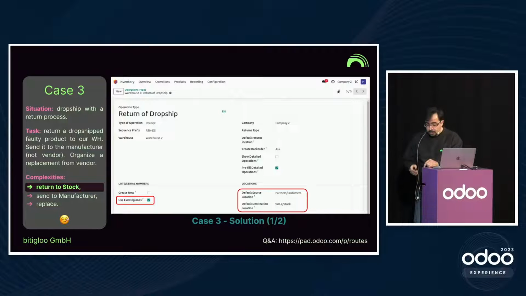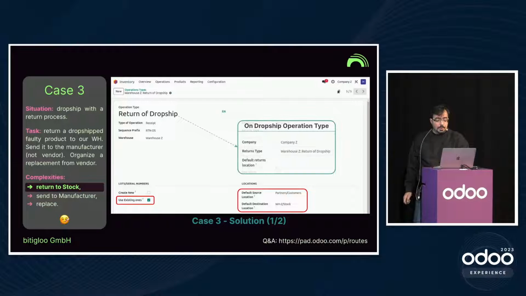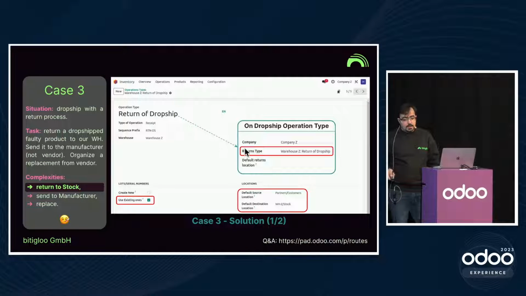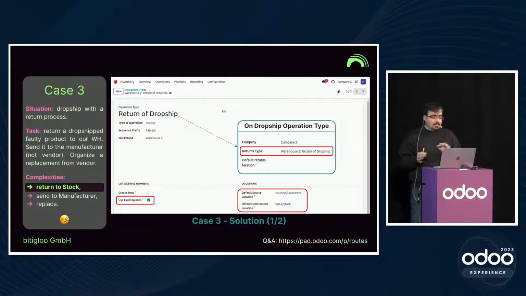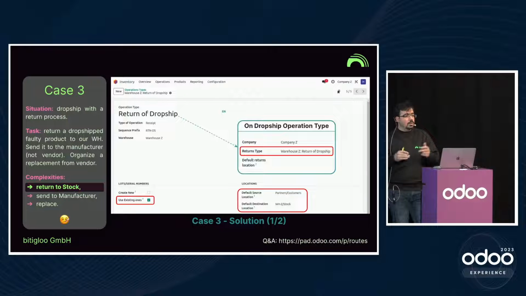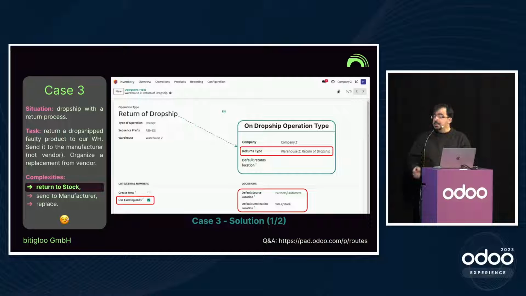And then the next step, what we have done, this is also very important. On the dropship operation, we selected the operation type. This operation type that we just recently created, we just added here on the return type of the dropship. Just a hint, in case it is invisible, you can just make this field visible via Odoo Studio or a very simple inheritance view. It's very easy.